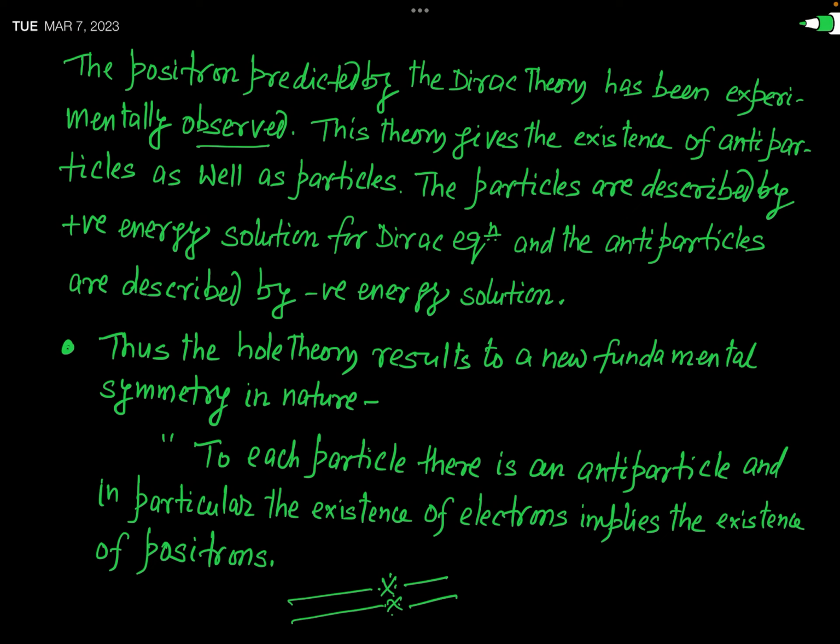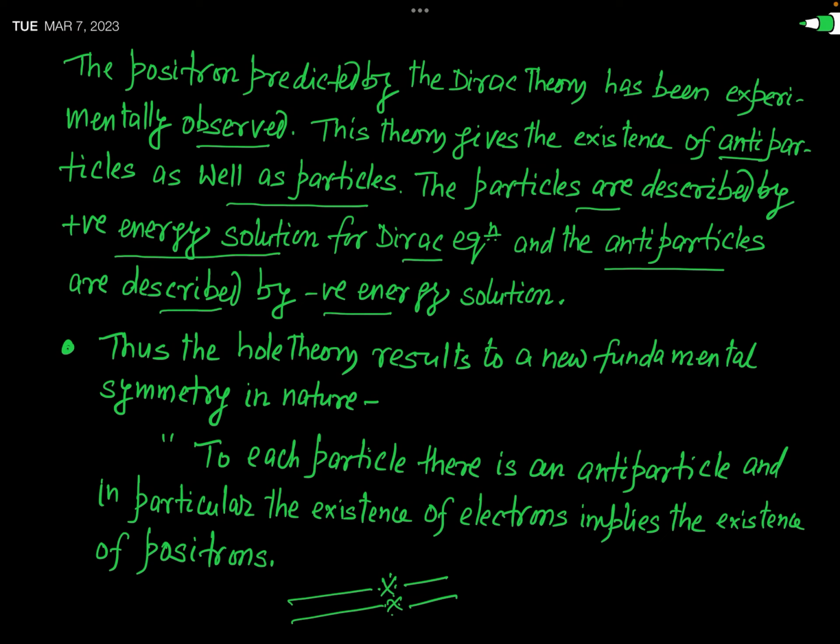As I have told you, this theory gives the existence of antiparticles as well as particles. The particles are described by the positive energy solution of the Dirac equation, and the antiparticles are described by the negative energy solution. So in this way Dirac theory successfully explained the existence of the negative energy state.